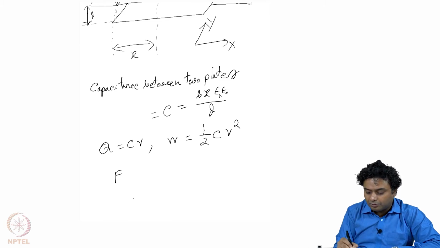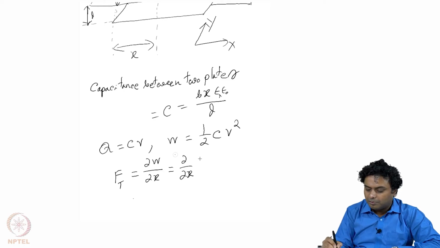So the transverse direction force F transverse is equal to delta W by delta x. Let's write it as del x into half of C V square.